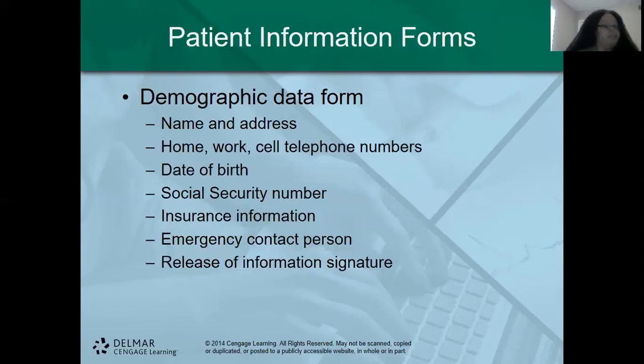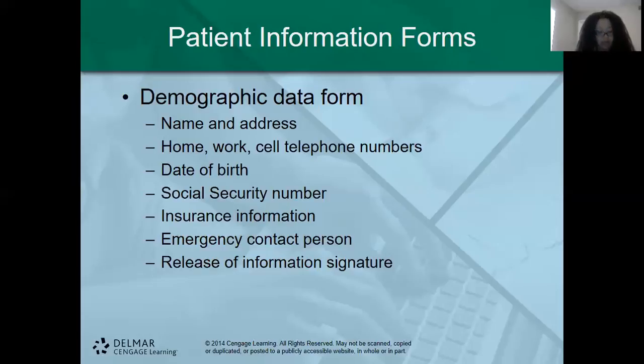Okay, so the information forms that we would need. One is the patient demographic form. With that one, you will need their name and address, their home, work, or cell phone number, their date of birth, and social security number. The only reason they need your social is in case they need to get you procedures in, or if they need to collect money from you if you don't pay your copays in a timely fashion.